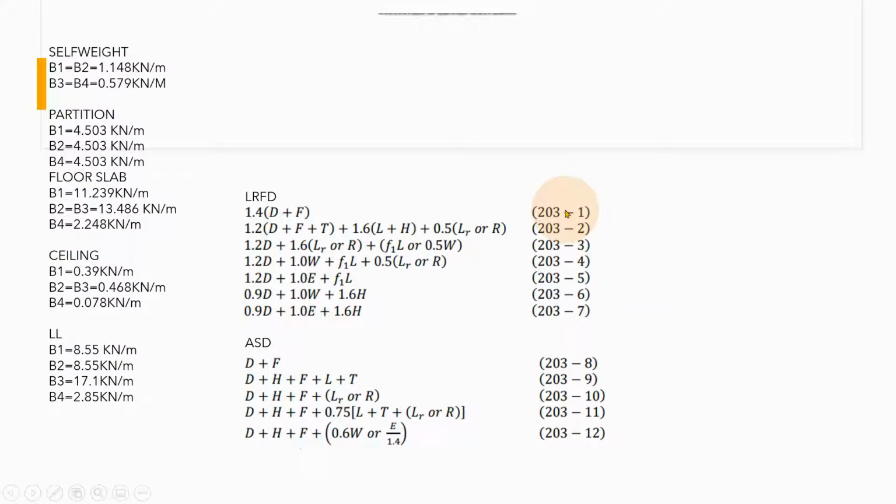So, meron na tayo dito yung tabulated, yung summarized na na-solve natin kanina for the dead load coming from the self-weight, partition, and the ceiling. And we also have the live load of each beam. So, ang gagawin natin dito is to compute for the total dead load acting on each beam. So B1 natin, we have 1.148, 4.503, sa floor slab, 11.239, and for the ceiling, 0.39.